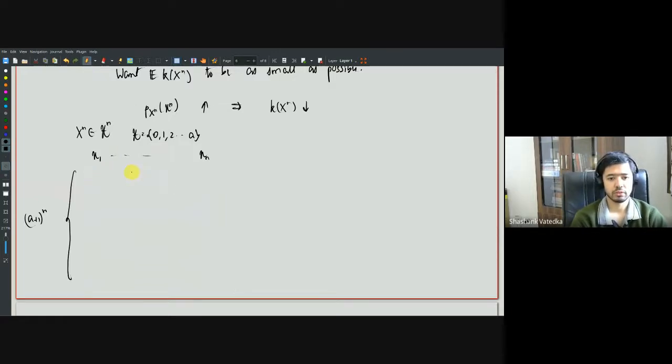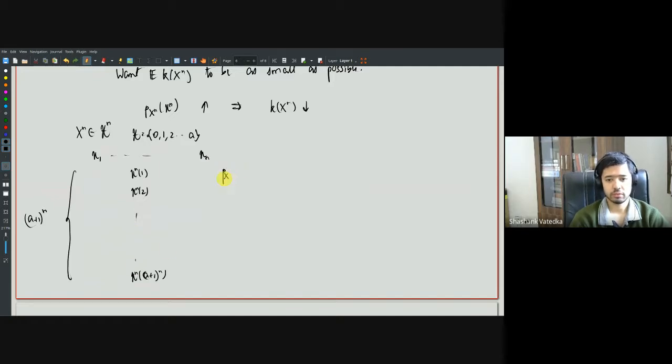So let's assume that I have xn of 1, xn of 2, all the way up to xn of (A plus 1) to the n, such that the probability of observing xn of 1 is greater than the probability of observing xn of 2, and so on, right?